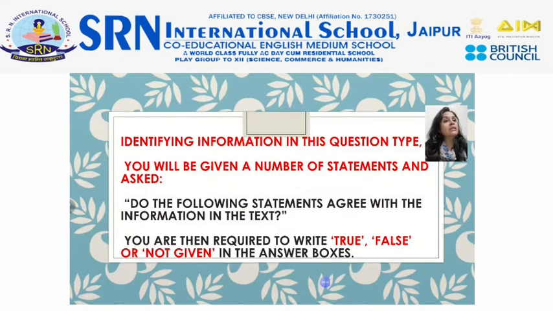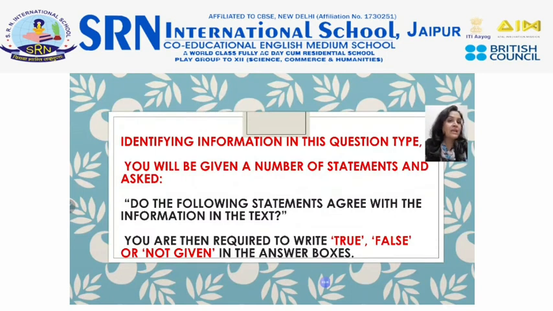Here it is important to understand the difference between false and not given. Most of the children make a mistake here. Now my dear children, false means the passage states the opposite of the statement in question. And not given means that the statement is neither confirmed nor contradicted by the information in the passage.